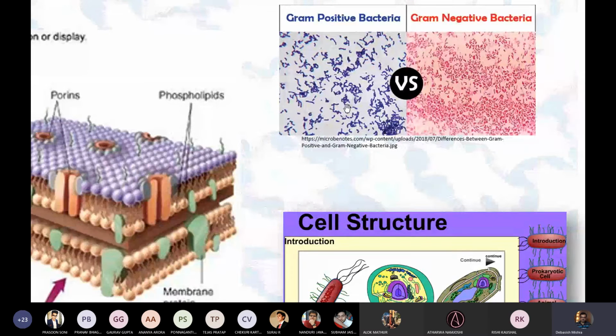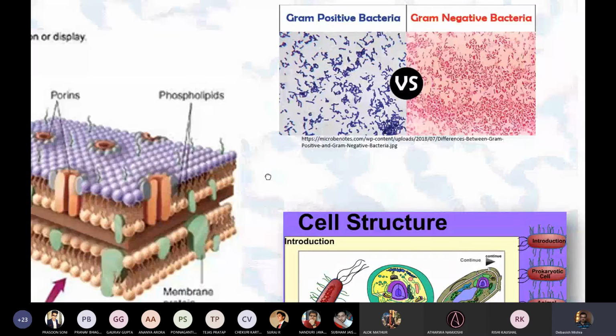And the lactobacillus which makes your curd is a gram positive one. So E. coli will look like this, and lactobacillus will look like this. Same rod-like, but lactobacillus is an elephant, and your E. coli, you can say it's a dog-size bacteria if you compare shape and size wise.